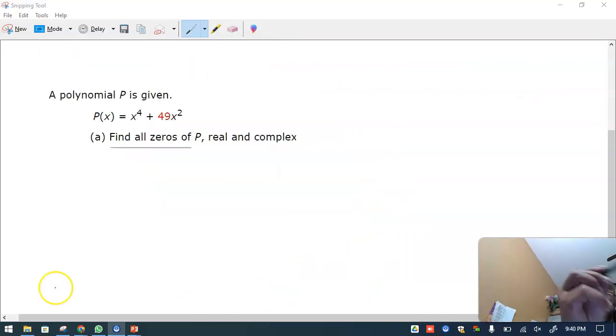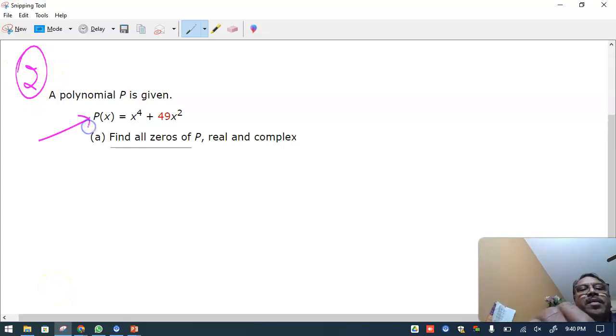Let's go to the second part. So the second question is, given a polynomial, you're supposed to factorize and find all the zeros of P, real as well as complex, and then also write in the factor form. So there are two parts here. The first part is, can we factorize?